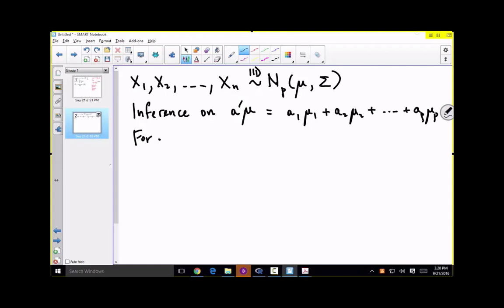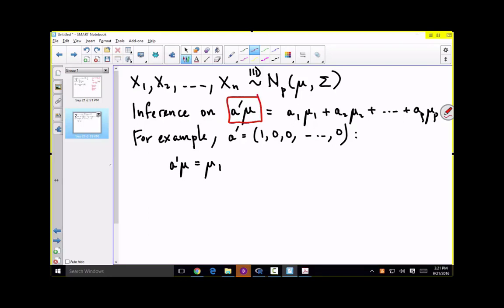For example, if we chose a equal to 1, 0, 0, ..., 0, we would have A transpose mu equal to just mu 1. Linear combinations of the mu allow us to specify individual means if we want to.